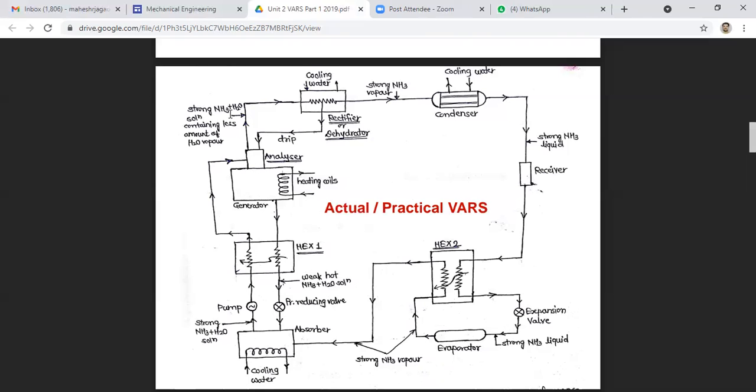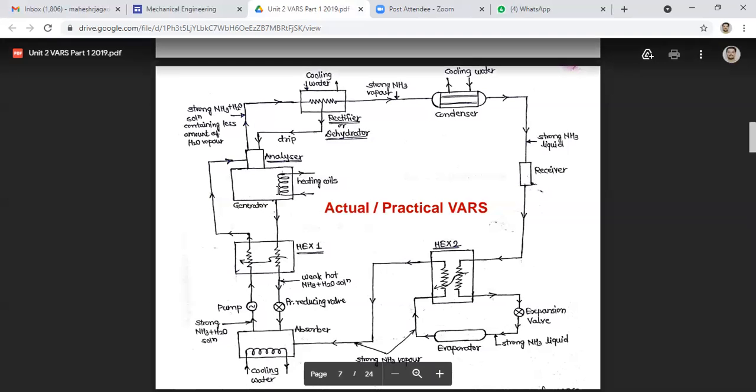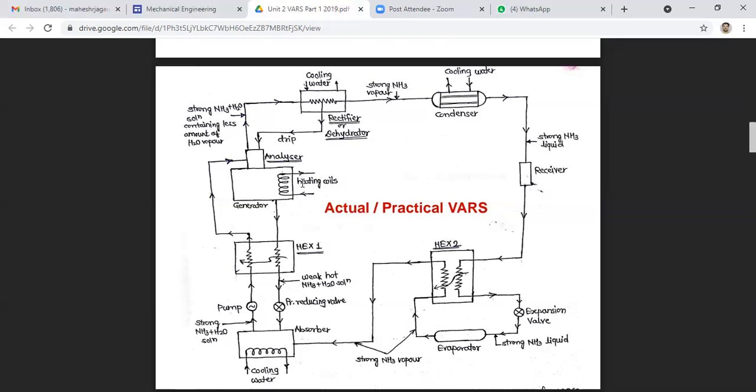So strong ammonia and H2O solution containing less amount of H2O vapor passes from the analyzer, and in the generator we are supplying the heating coil, and it is converted into vapor. So the weak solution will pass through the heat exchanger via the pressure reducing valve to the absorber.